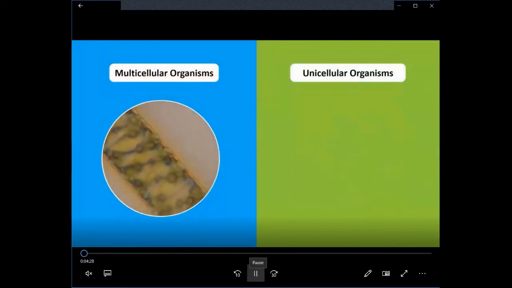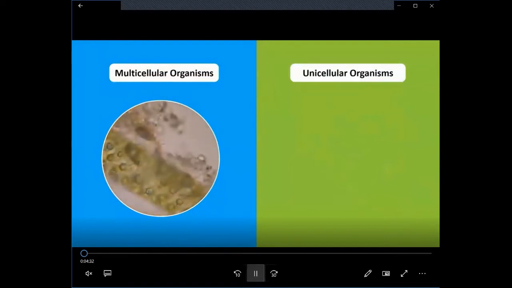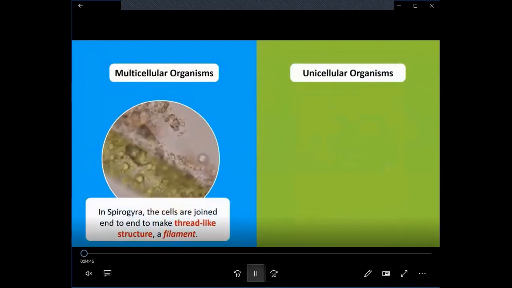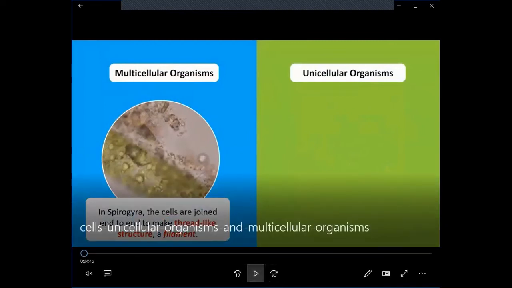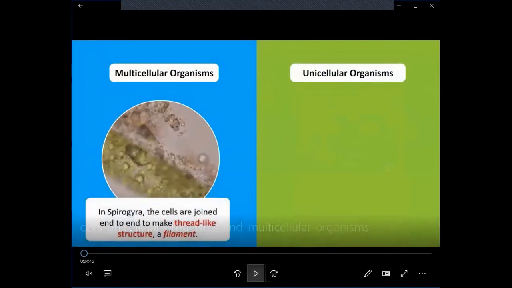You can see fewer cells compose the spirogyra. The cells are joined end to end to make a thread-like structure that makes a filament. That's why they look like a strand.